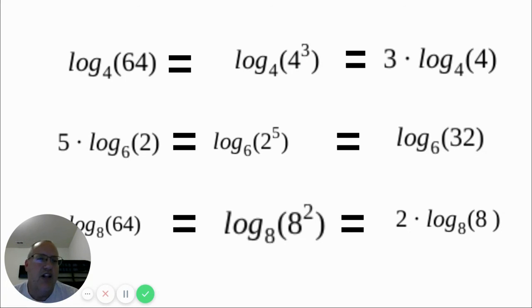Log base 8 of 8 is actually 1, and log base 4 of 4 is actually 1. Those are just number properties that you can get rid of. We've talked about different ways to say 1 this year. Well, this is another way you can say 1. Log base 4 of 4 is another way to say 1, and log base 8 of 8 is another way to say 1 as well.